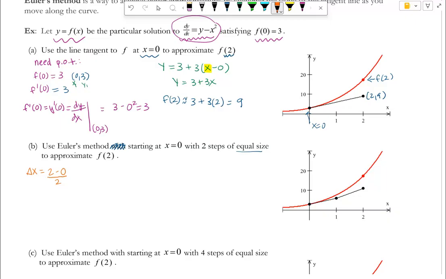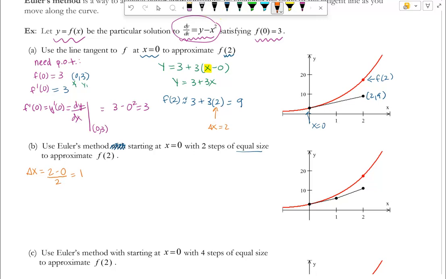My original delta x over 1 step was 2, so now I'm going to divide this into 2 steps. And this might feel similar to what we do with a Riemann sum, when we calculate delta x using equal subintervals. So 2 over 2, I get a delta x of 1 here.